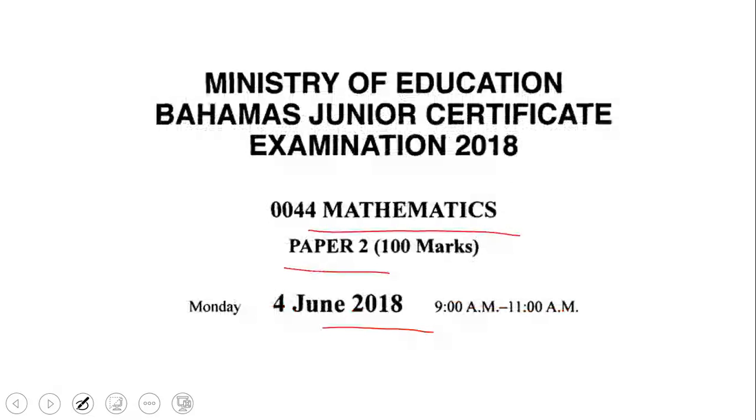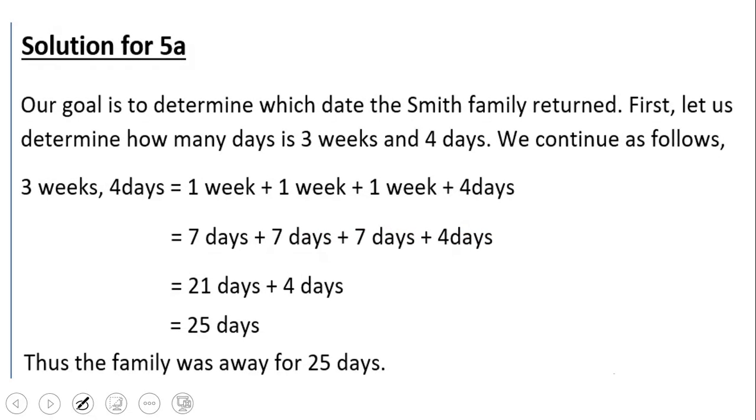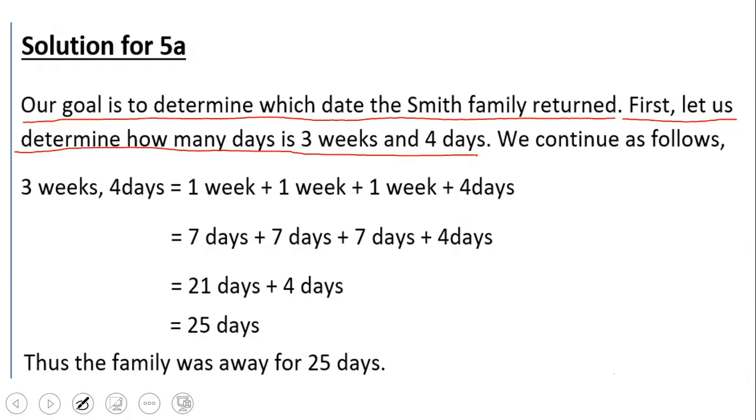Okay, notice that our goal is to determine which date the family returned based on the question. First, let us determine how many days is 3 weeks and 4 days. Think about that. How many days is that?